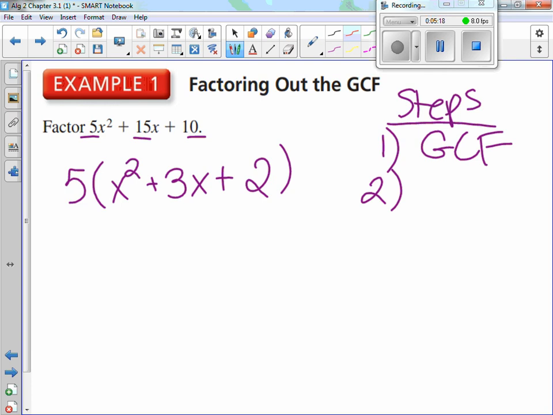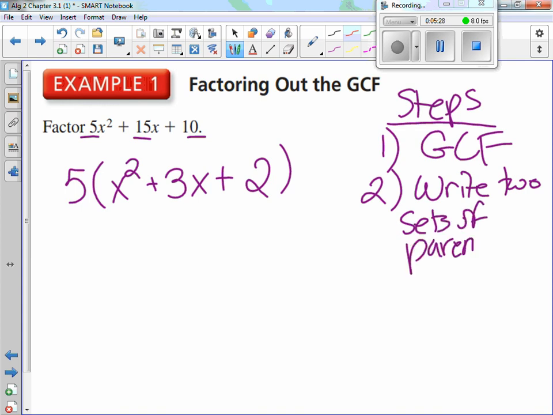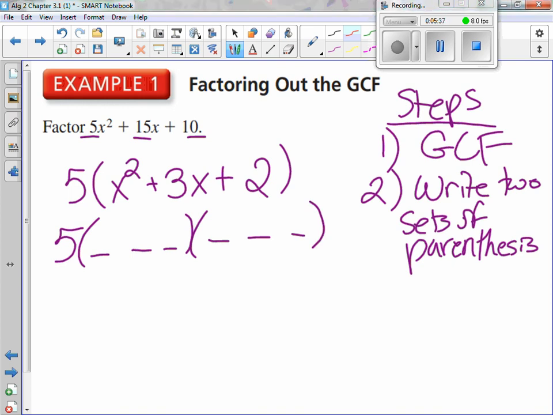Now the second step is to write two sets of parentheses. And what that's going to look like is, we can say with 3 spaces.